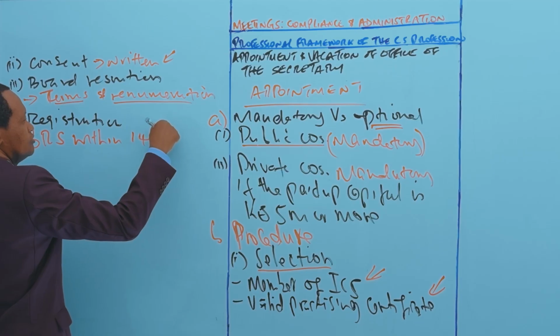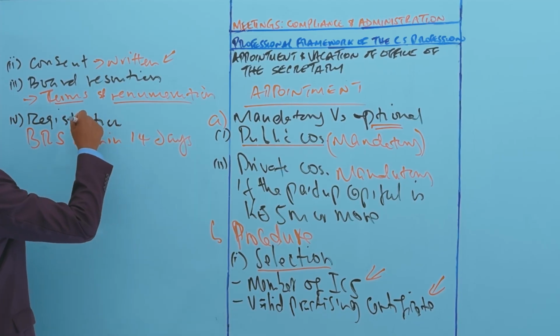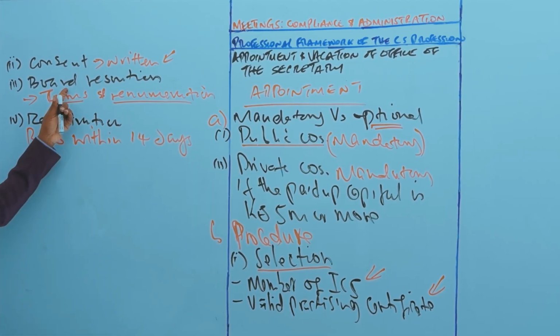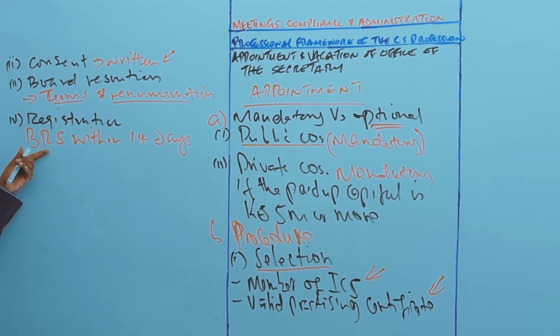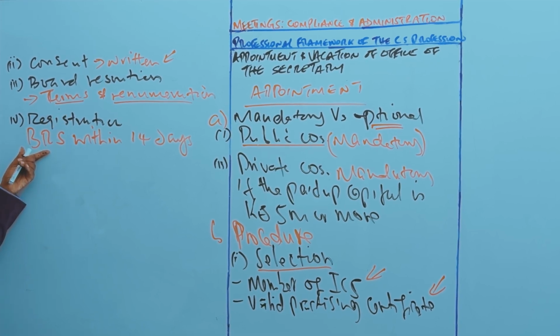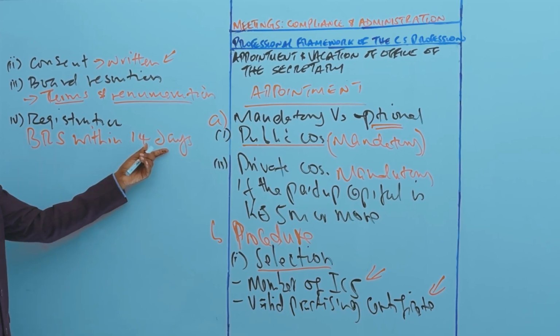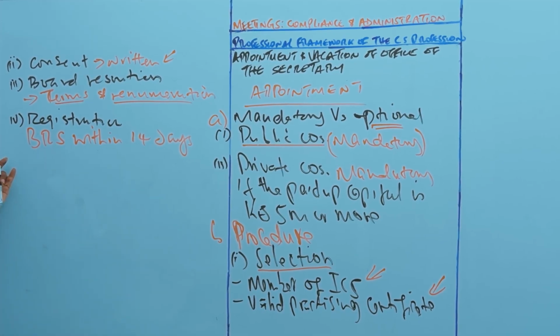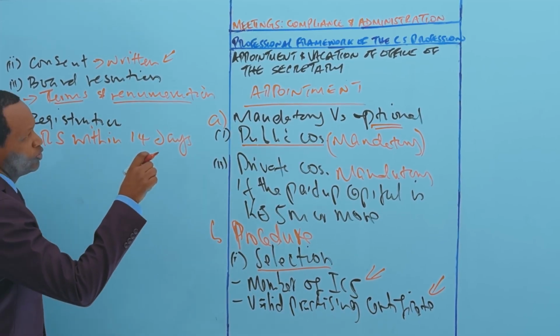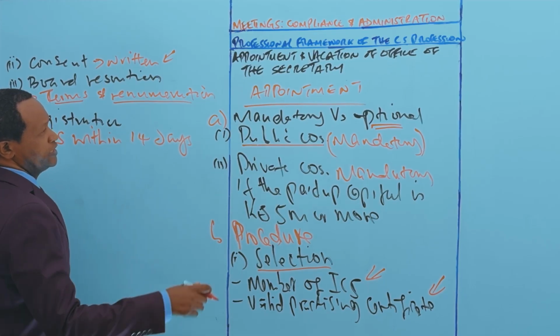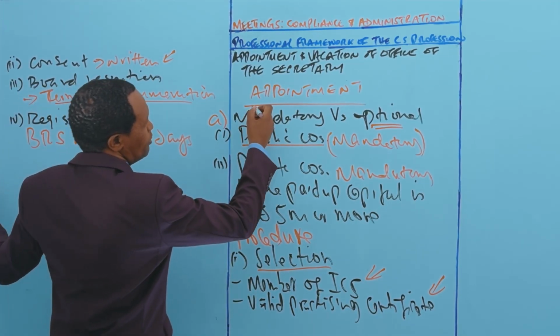After the board resolves to appoint this individual, filing must be done with the Business Registration Service at the eCitizen portal within a period of 14 days. So that is how a company secretary is appointed. That is appointment.